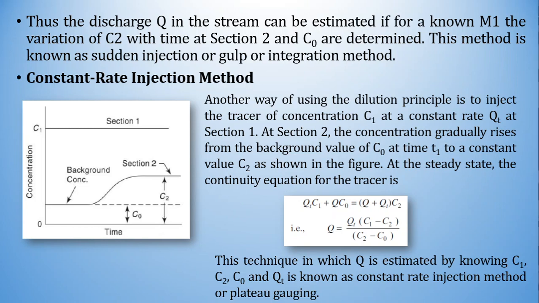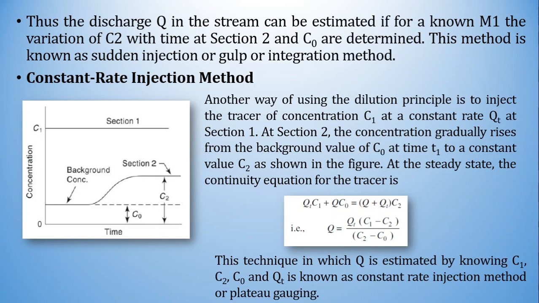Here you can see the schematic diagram, which has concentration on the y-axis and time on the x-axis. Another way of using the dilution principle is to inject the tracer of concentration C1 at a constant rate Qt at section 1.